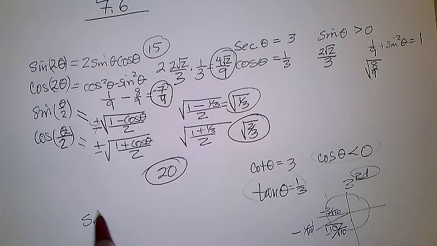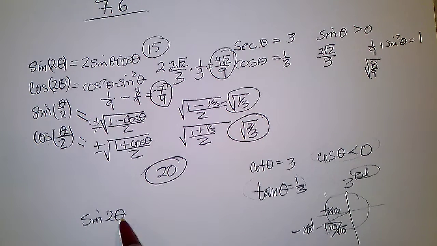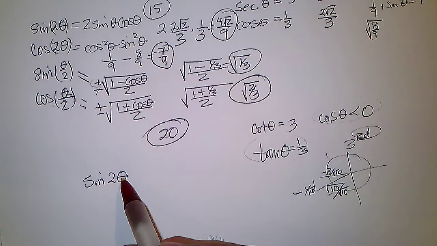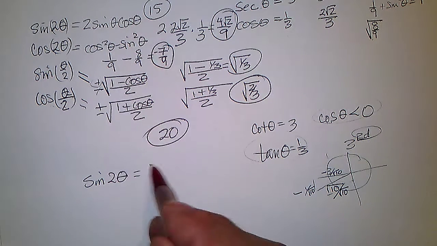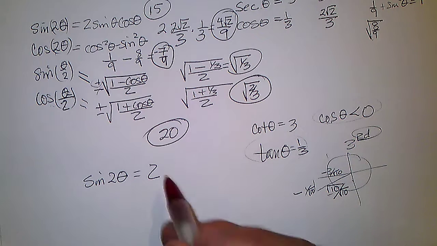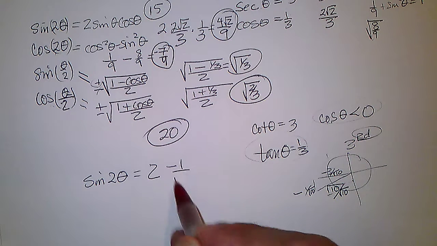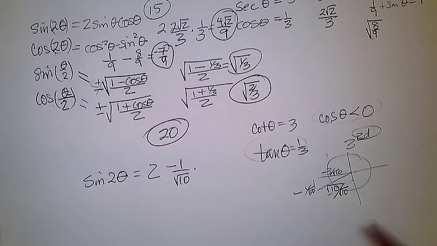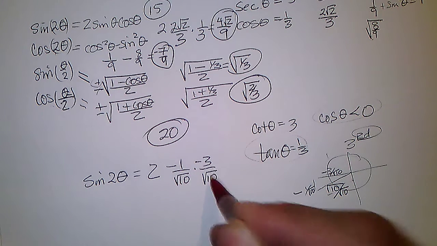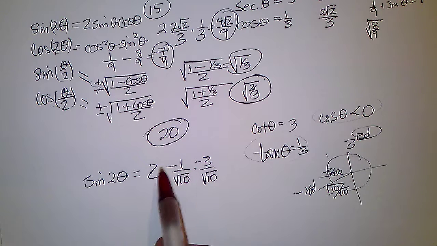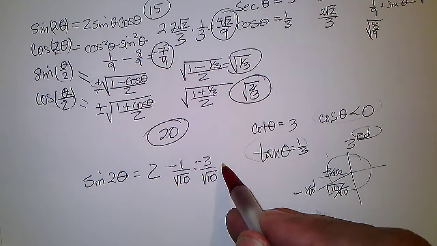The sine of 2 theta would be 2 sine times cosine, so it's 2 times the sine of the angle times the cosine of the angle. So that's 6 over 10.